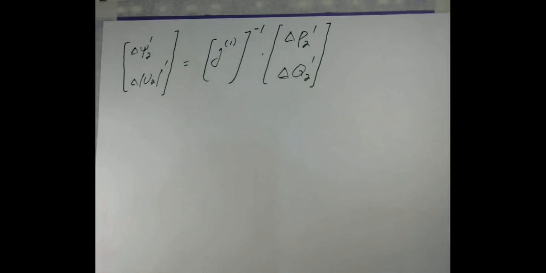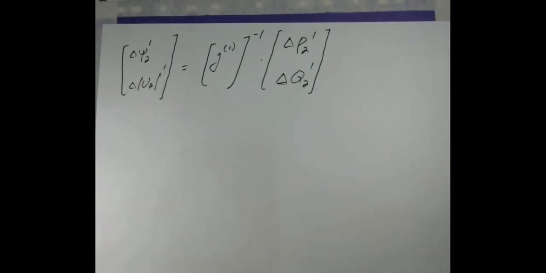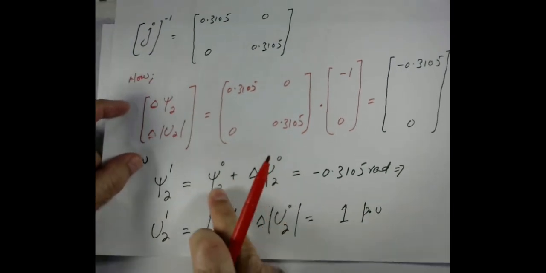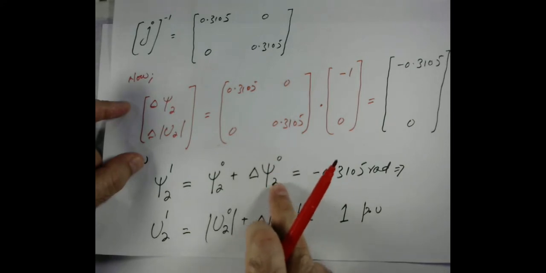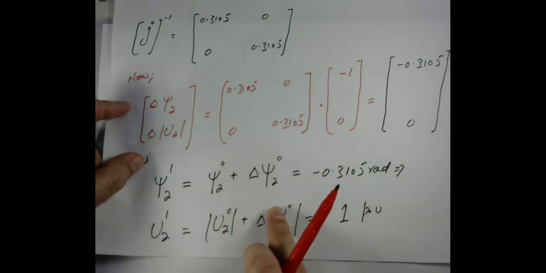We are following exactly the same steps, but now the values are updated. In the previous case, we found psi 2^1 and calculated the error.